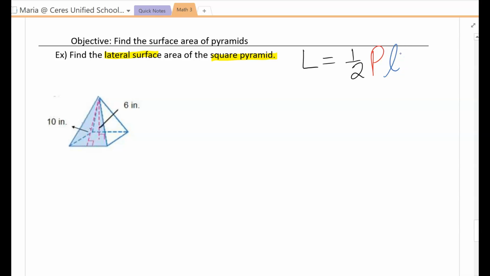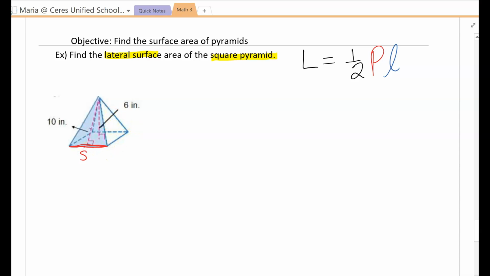Okay? So I need to know what the perimeter is of the square, and then I need to know what the slant height is. So if you look at this picture, if I wanted to find the perimeter, I need to know what a side is. But if you notice, nowhere on my picture does it indicate what the side is.